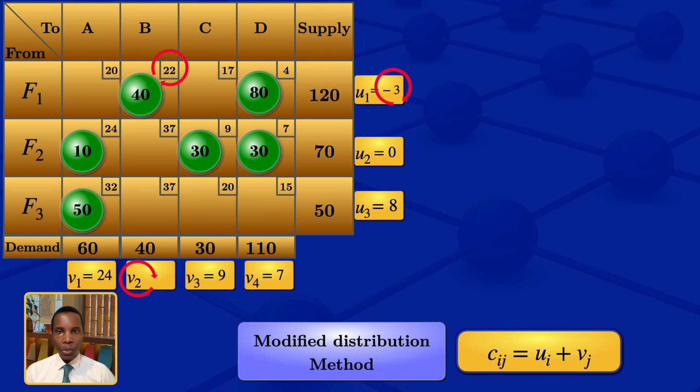Then we have 22, so 22 equals minus 3 plus v2, so v2 equals 22 plus 3, which gives us 25. So we now have our dual variables.